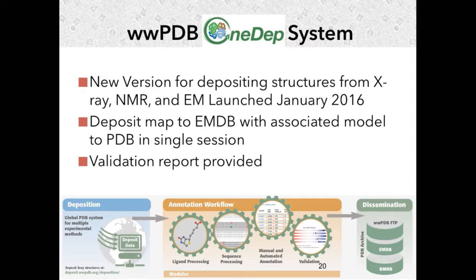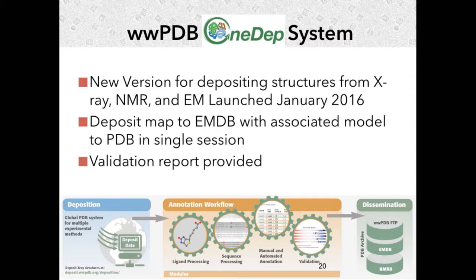But that was a hodgepodge temporary solution, and what we really wanted was a system that could handle map and model deposition at the same time. As of January 2016, we've had that.